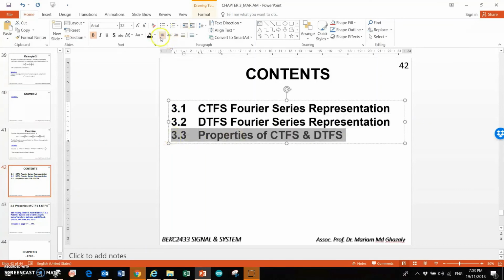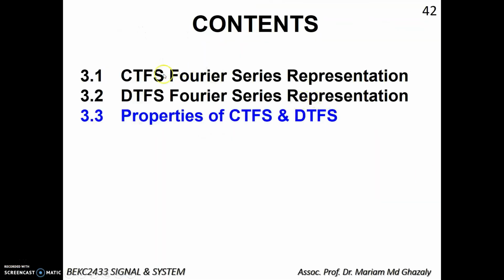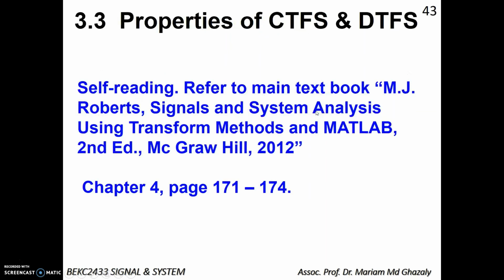So right now we have finished the discrete time Fourier series representation. Now we are going to the properties of continuous time and discrete time Fourier series. Since these properties can be read from the textbook, do a self-reading. Please refer to the main textbook, which is M.J. Roberts, Signals and Systems: Analysis Using Transform Methods and MATLAB, second edition, McGraw-Hill 2012.